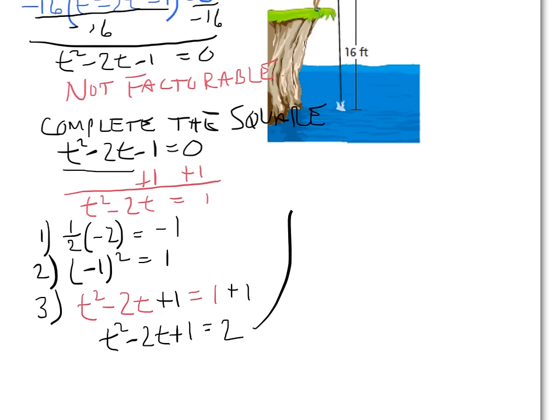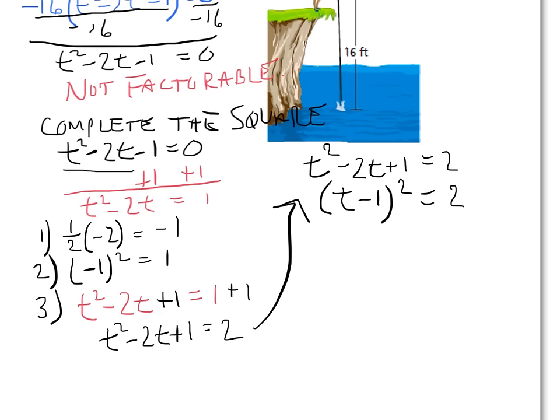So then we come over to here. t squared minus 2t plus 1, again, is our perfect square trinomial, which becomes (t minus 1) squared. And on the other side we have 2.